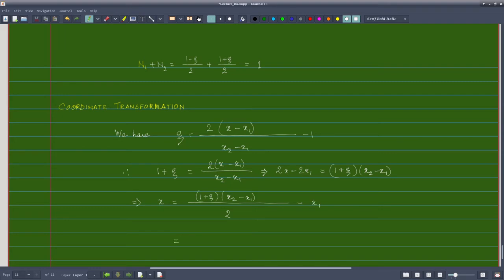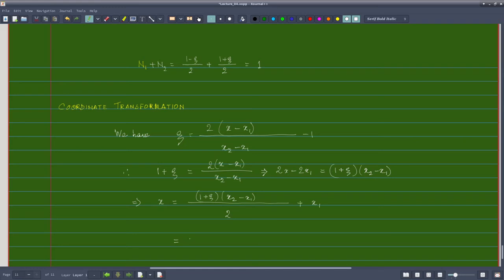And from here, if I now take x1 common, let us separate the x1 terms. So here I have minus 1 and here I have minus 1 times 1 plus xi, right? No, this should be plus, no? Because I have taken it to the other side, so it should be plus.